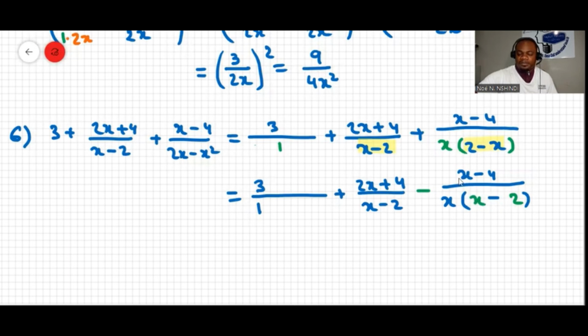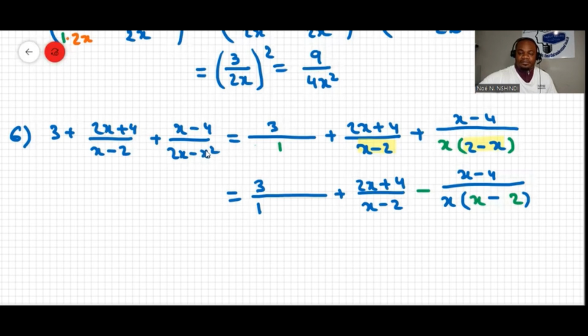I want to prove why these two are equivalent. If you times here, you get 2x, and then you times there, you get negative x squared. But if you times here, you get positive x squared and then negative 2x. But with the negative sign here, it will make it again a negative x squared and positive 2x as it is here.